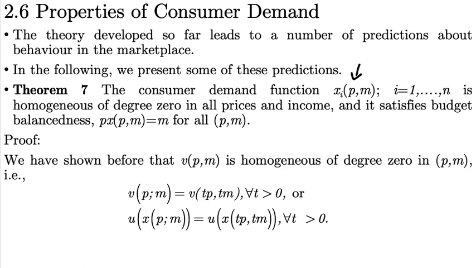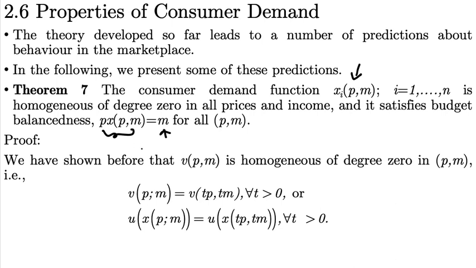Also, it satisfies budget balancedness. That is, total expenditure, price times quantity of each good in the bundle, is equivalent to income, for all prices and income.